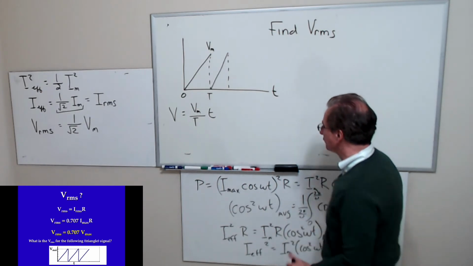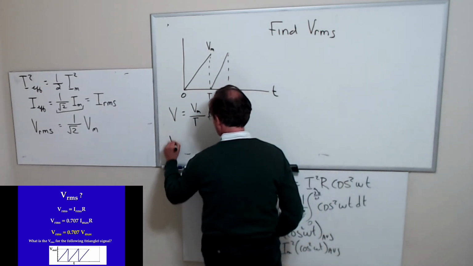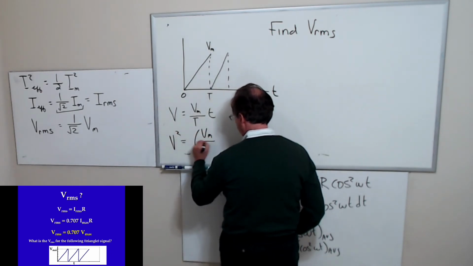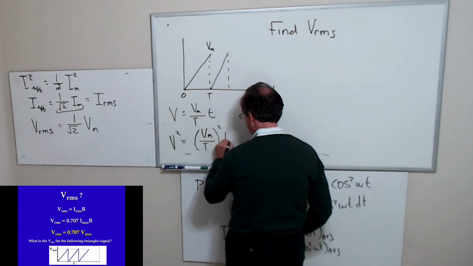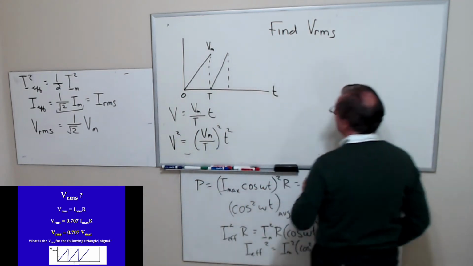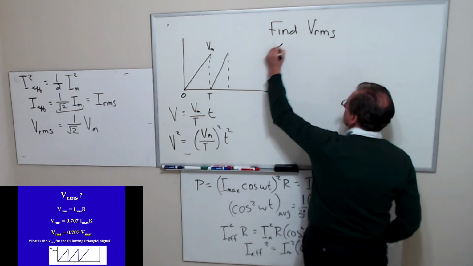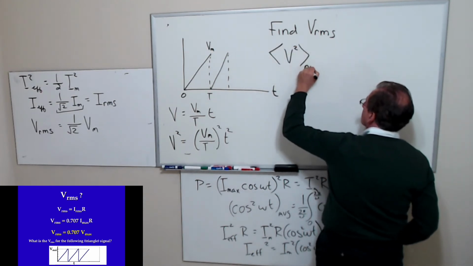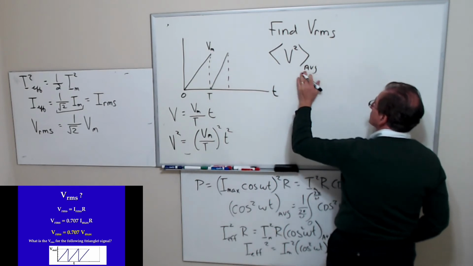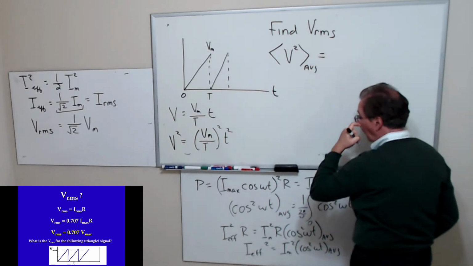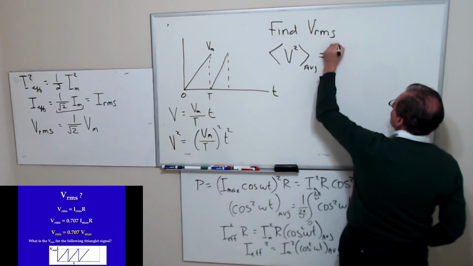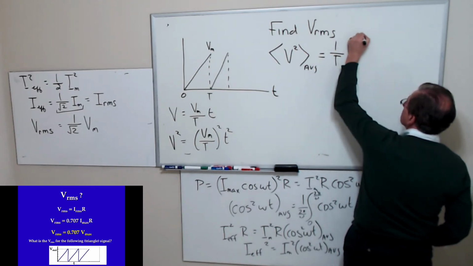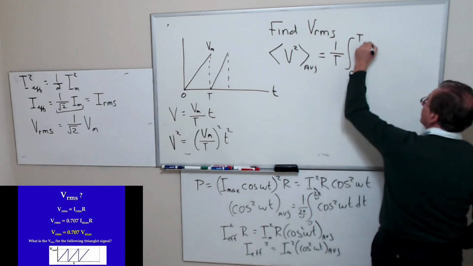Okay, I'll move on. Then V squared is Vm over the period squared times t squared. And I want to find the average of this. To do this, I take 1 over the period times the integral from 0 to T of this function.